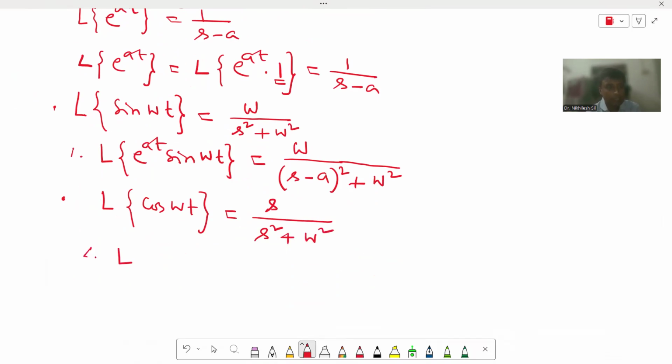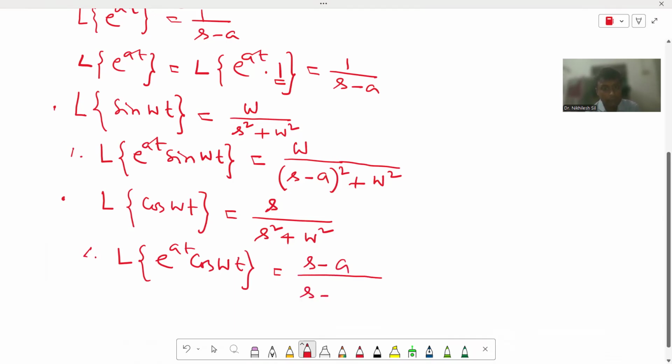Therefore, Laplace of e to the power at cos omega t is equal to s minus a divided by s minus a whole square plus omega square, and so on. Okay, so this is the first shifting theorem. If the function is multiplied by e to the power at, then in place of s, we are putting s minus a.